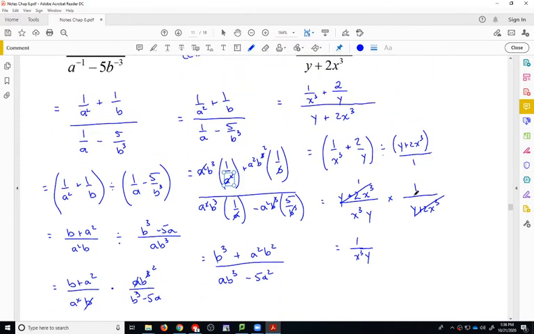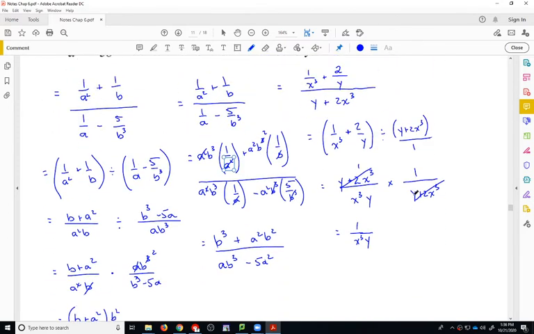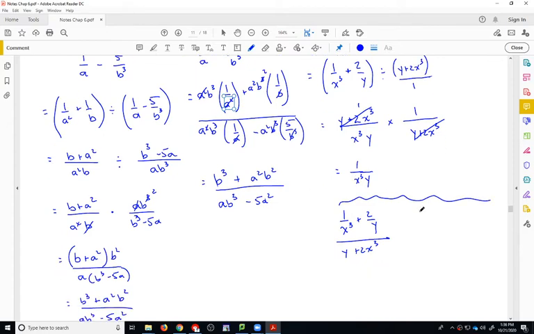If I was to do the same one using the destruction method, I just have to copy the question. So again, it was 1 over x cubed plus 2 over y, all over y plus 2x cubed. The first thing I have to identify is the lowest common denominator. This would have x cubed and a y. These guys don't have denominators.